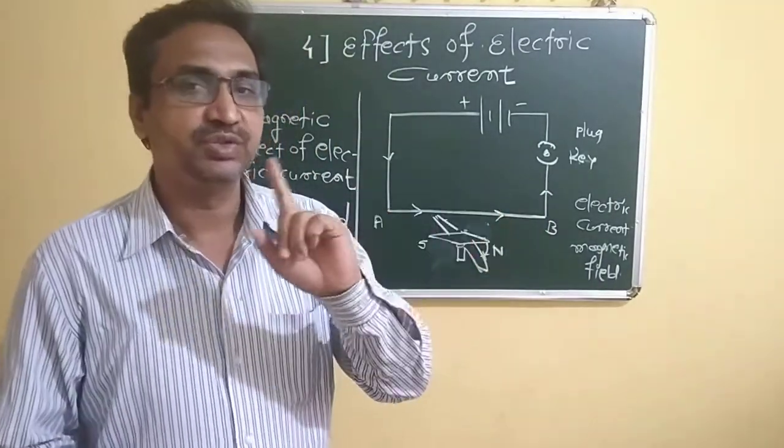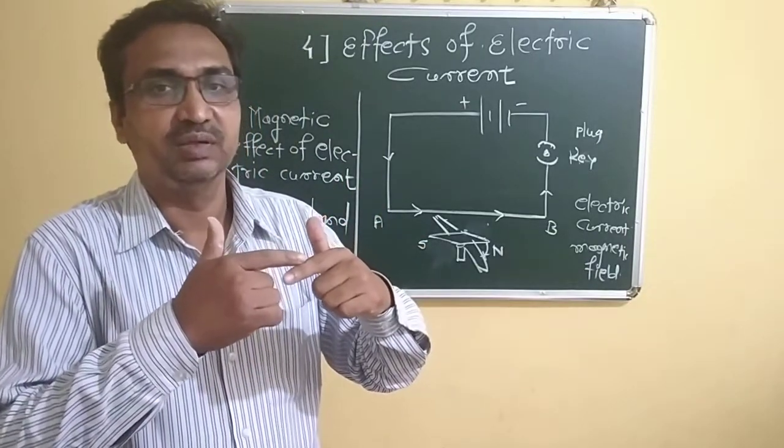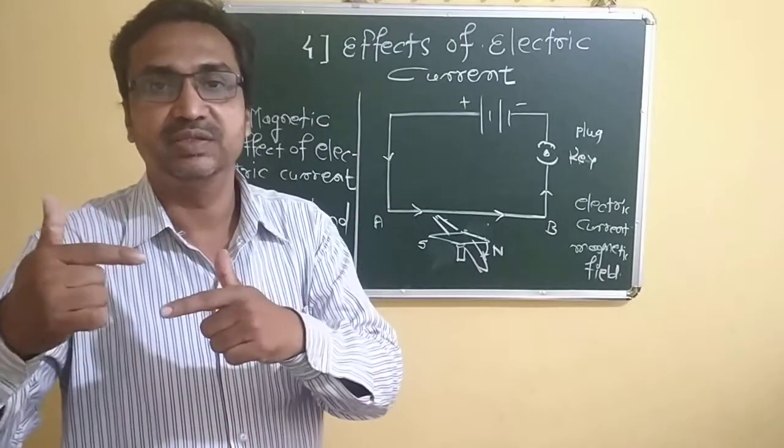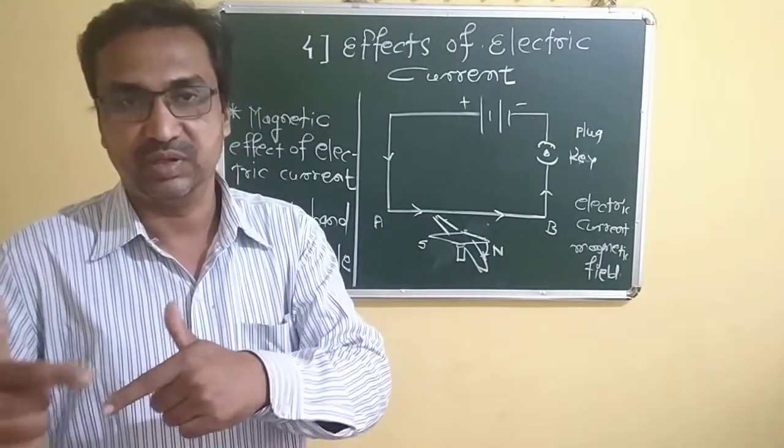When current is passing through the conductor, some sort of magnetic field is created near its carrier, that means the conductor.